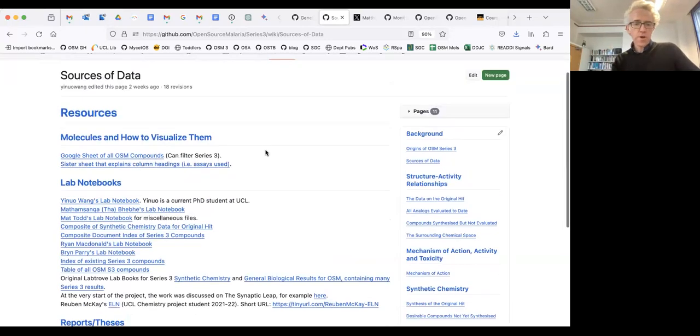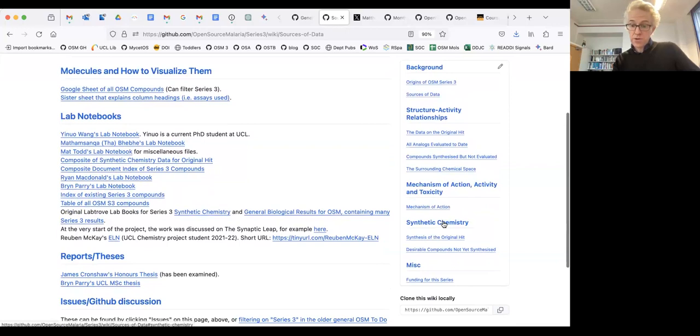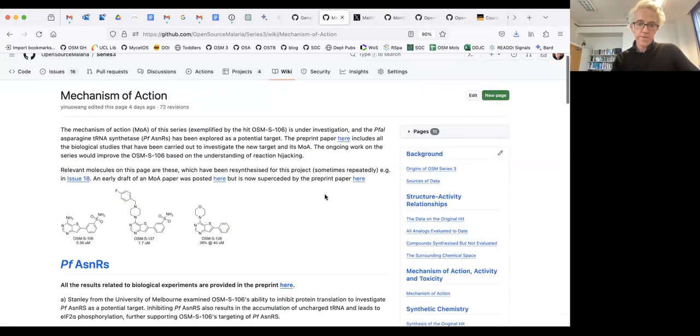If you want a good example of how to write a wiki page that is useful, easy to understand, and helps to summarize a lot of complicated data, then the mechanism of action page on the Open Source Malaria Series 3 is a good one to go for.